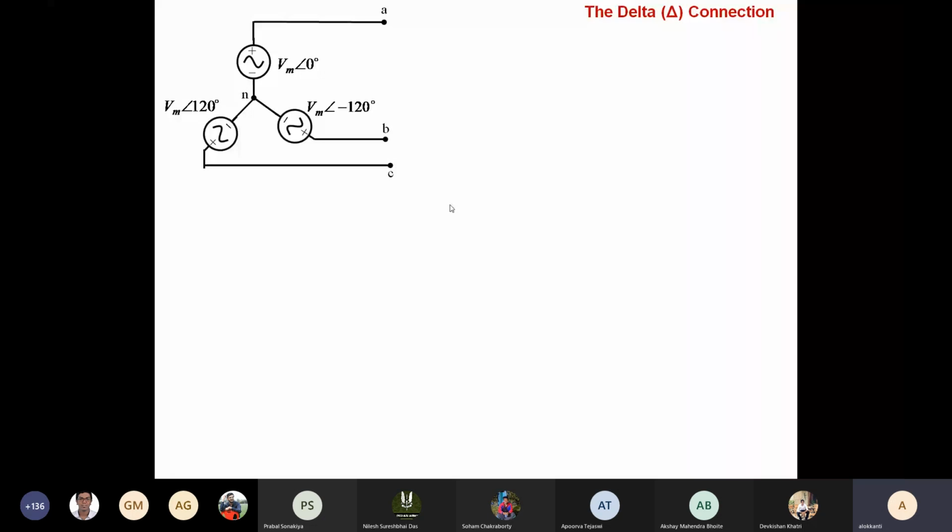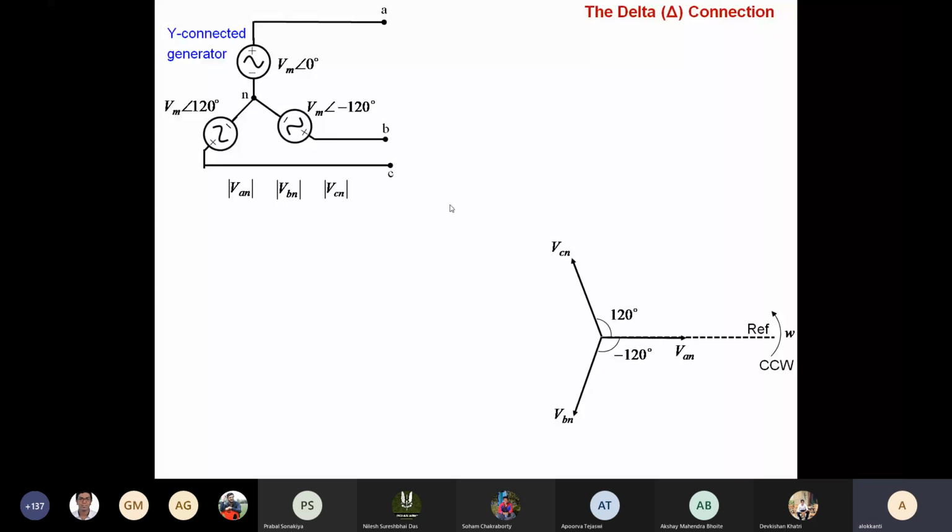So the phase sequence is ABC. This is a Y connected or star connected generator. The magnitudes are the same, so this is basically a balanced star connected generator, and we know these phase angles. The voltages are all the same.